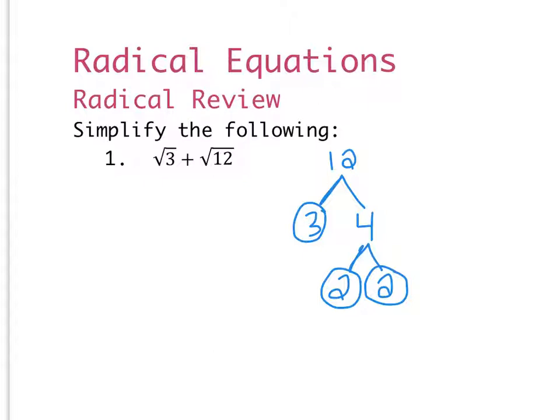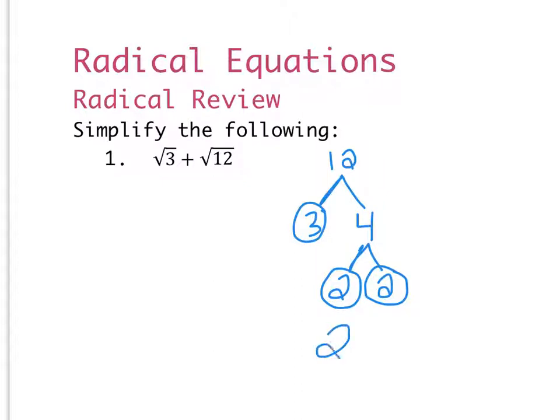That's as far as we can go because we can't break down 3, we can't break down 2, or this 2. So square root of 12, we can reduce that: whatever we have pairs of is going to go on the outside and we only write it once. How many pairs of 2 do we have? We have 1 pair of 2, right?